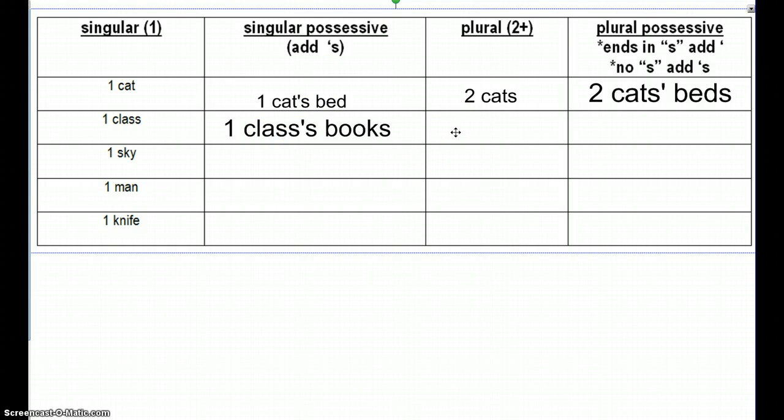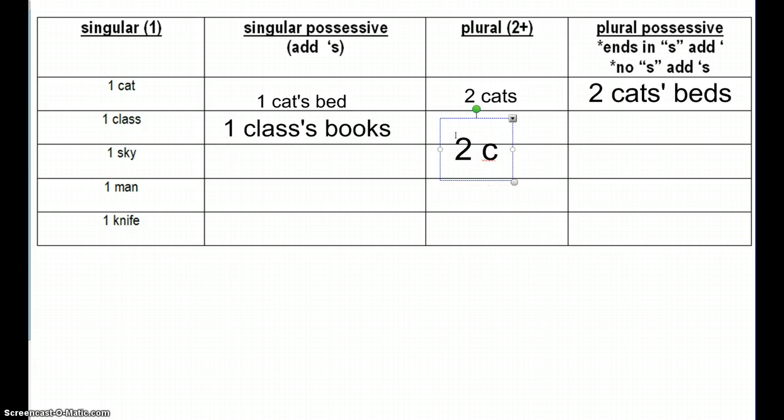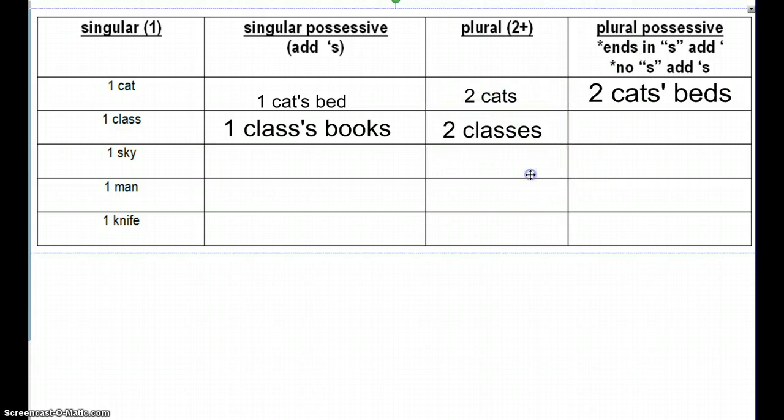So now let's think of two classes. I teach two classes. I can't just add an s, or I'd have a word that ends with three s's. When we have words that change in syllable, cat in its singular form, cats in its plural form is still one syllable. Class is singular, one syllable. Classes becomes a second syllable. We have to add a vowel at the end of that, so it becomes classes.